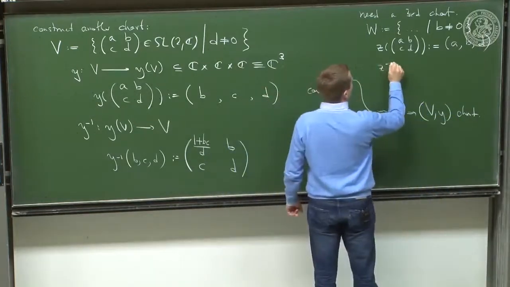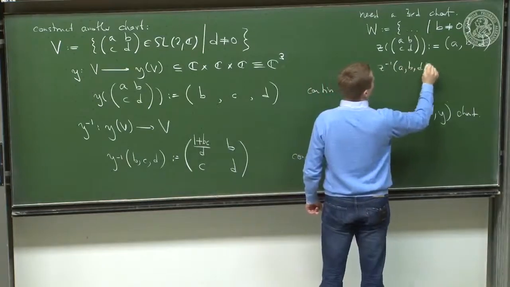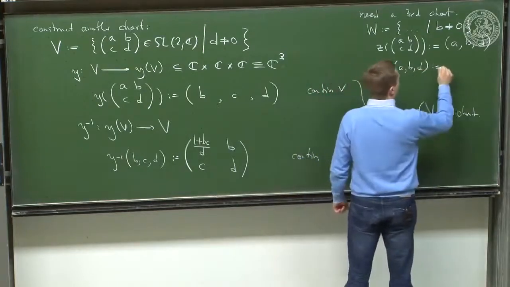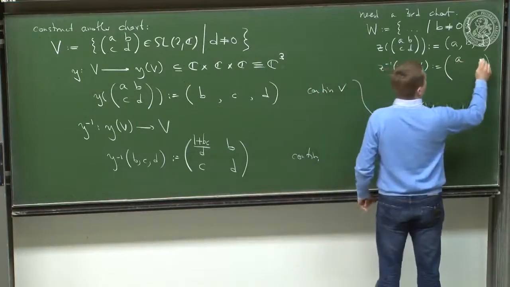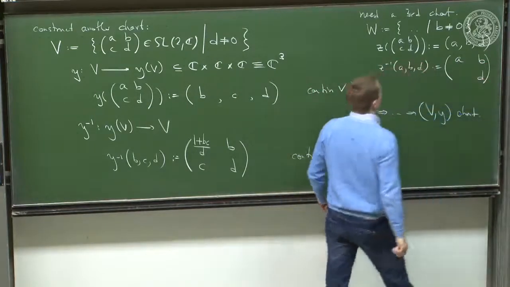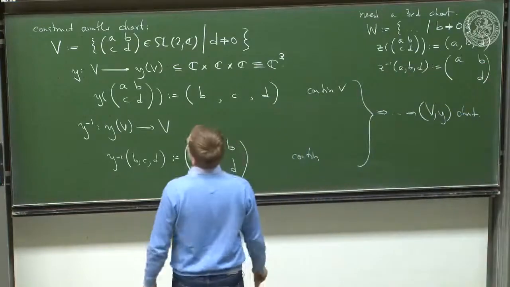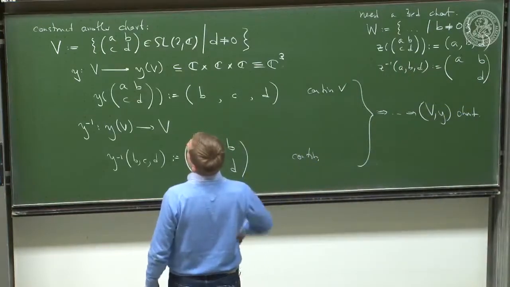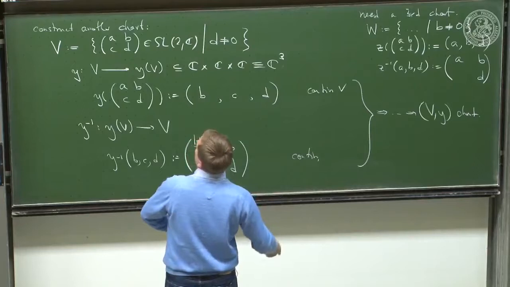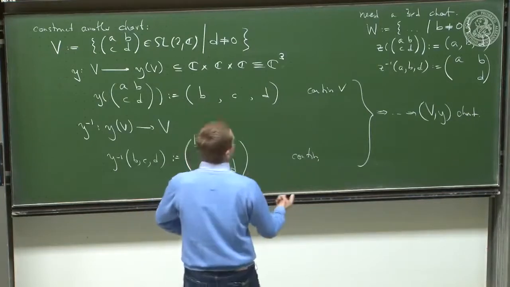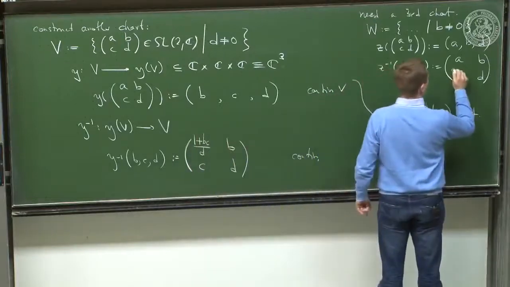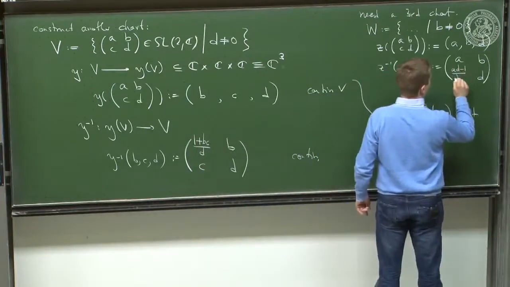I construct the inverse of this map Z, and it will yield A, B, D, and the C I can reconstruct as AD minus 1 by B. Agree?